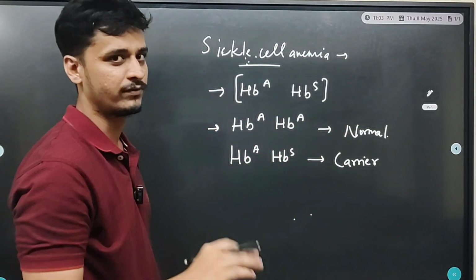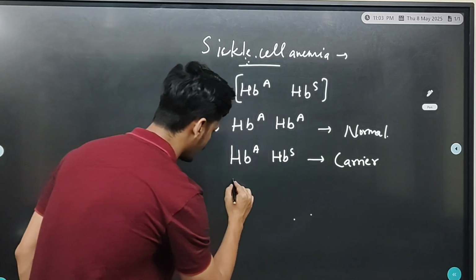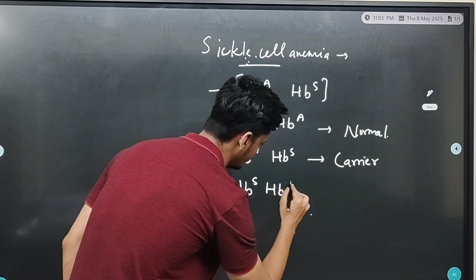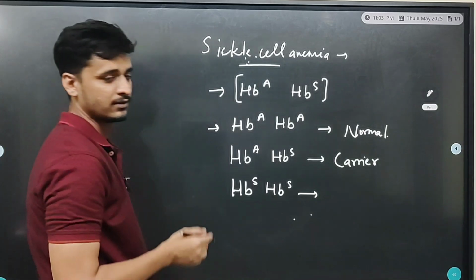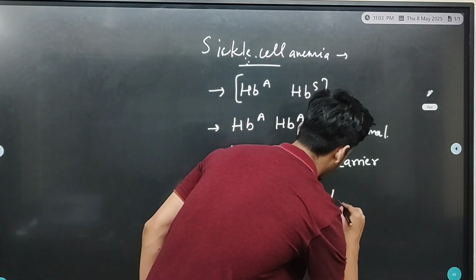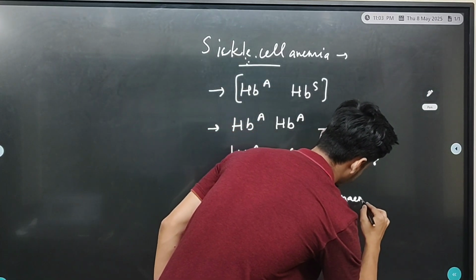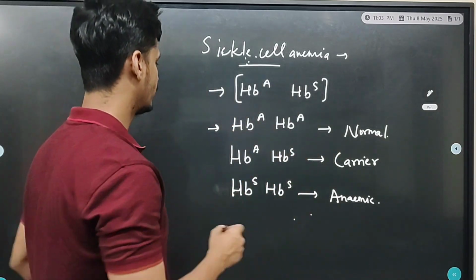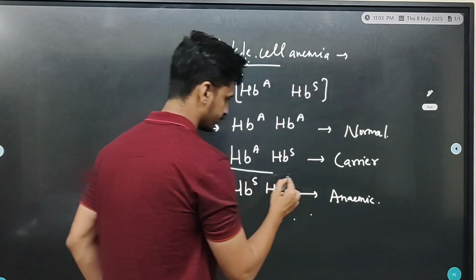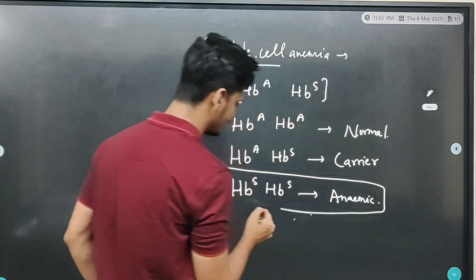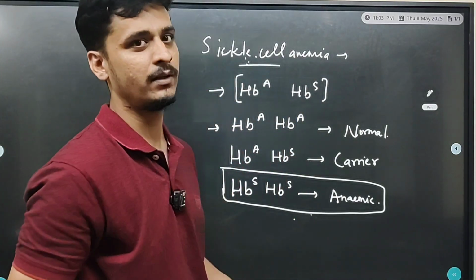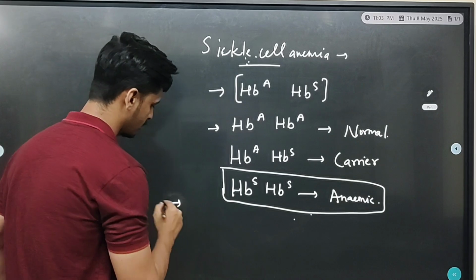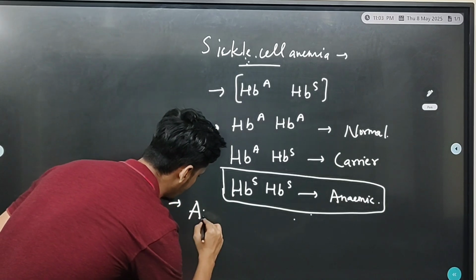Okay, it can be male or female. So whenever the HbS and HbS condition is present, this means the person is anemic, means he or she is suffering from anemia. So these alleles can be present in male or female, and sickle cell anemia is an autosomal recessive type of disorder.